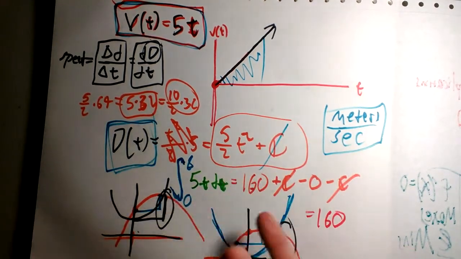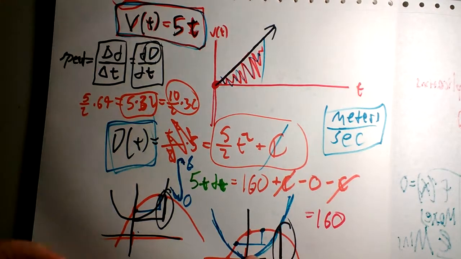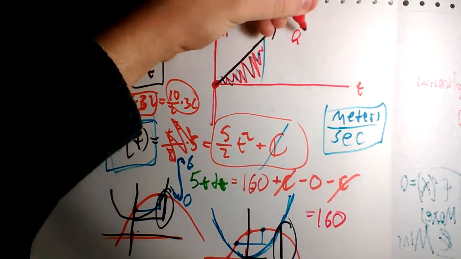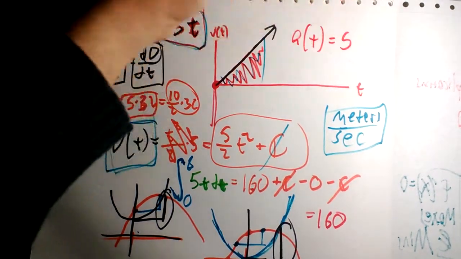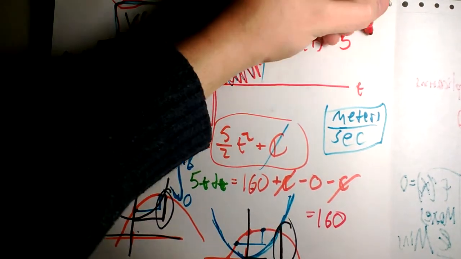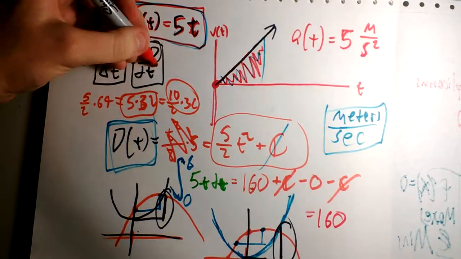It doesn't look like the area because we're talking about distance, not area. So how could it be the area of a curve? Crazy stuff. Then you could take another derivative and get acceleration: the derivative of that is just 5. So it's always accelerating at 5. Well, what are the units? If we're doing meters per second, then this is meters per second squared, because we're dividing.